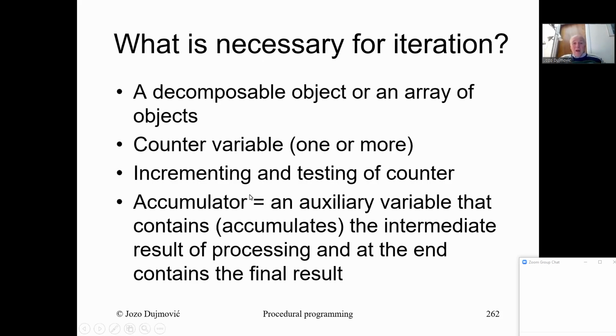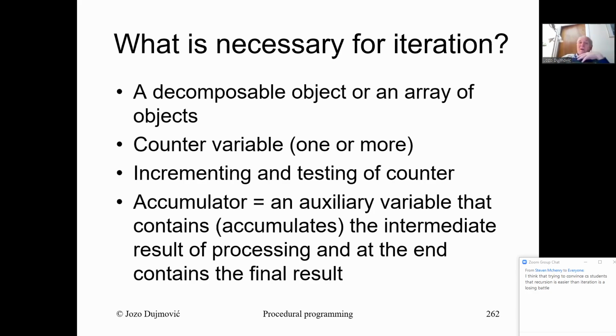And then you have to have incrementing and testing of the counter. This is necessary in each loop. And then you have to have an accumulator. Usually an accumulator is an auxiliary variable that accumulates intermediate results of processing, so at the end, inside will be the final result.